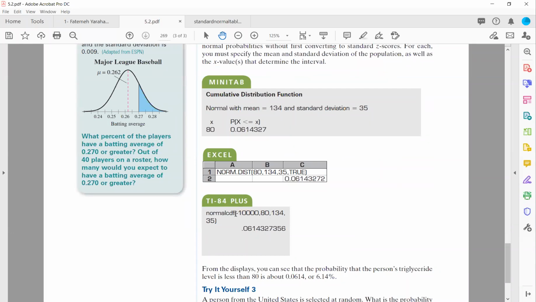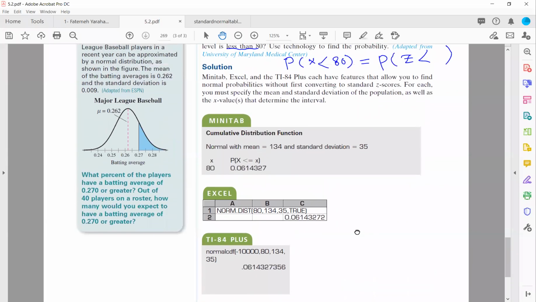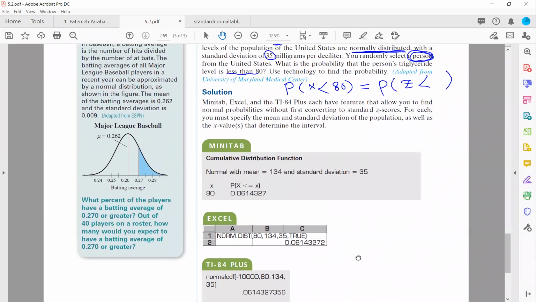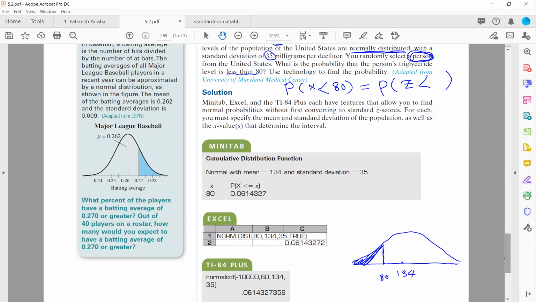So you can use negative 10,000 on the left-hand side, and 80, which is your x. Let me move this a little bit up so you see the values. We are looking for the area, the probability on the left-hand side of 80 with mean 134. This is your 80, and this is the area to the left-hand side of 80.